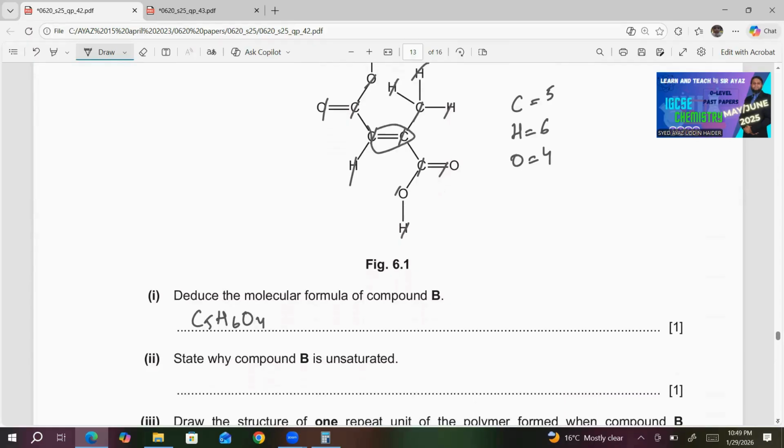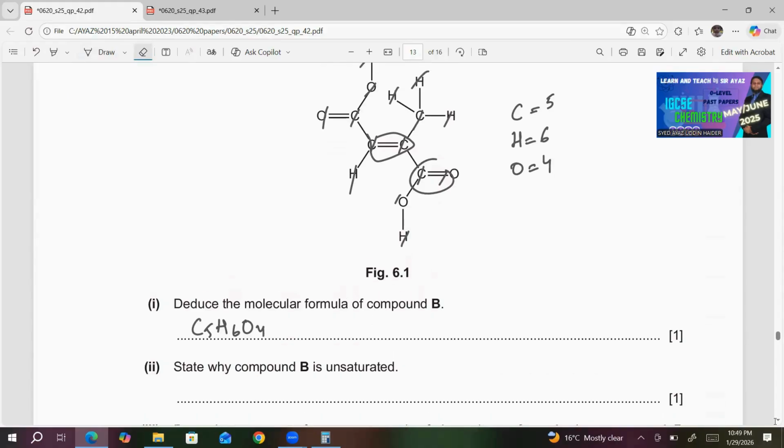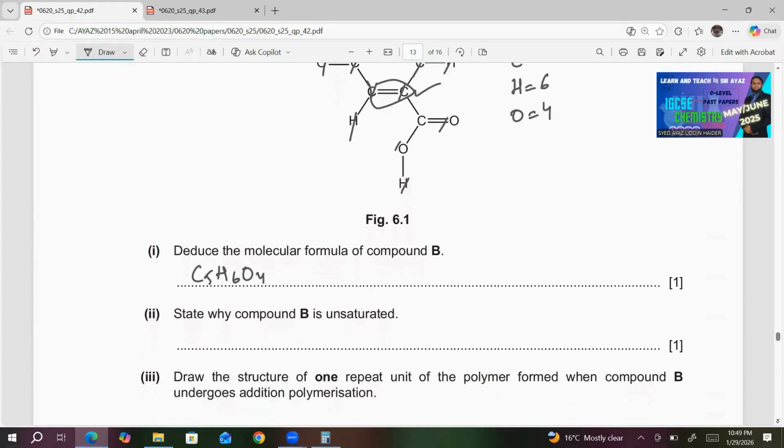State why compound B is unsaturated. You see the double bond is there. That's why. You have the double bond. So what you're going to write? Contain carbon-carbon double bond.